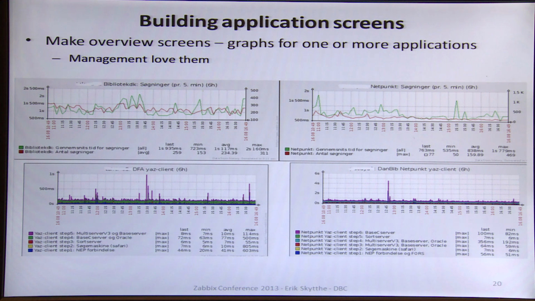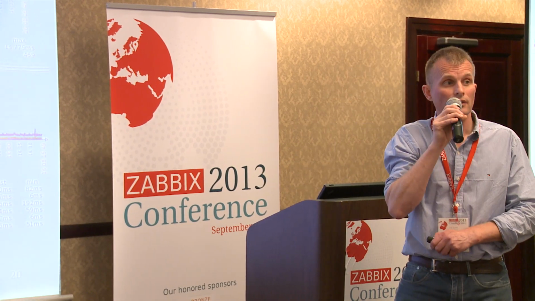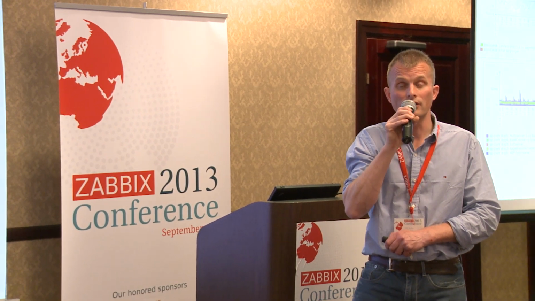I'm taking out how many transactions and the average time for these transactions from this log file, and I present that. The management are going to love these. They're going to focus on these. They're not going to focus on how much memory is left in your server.